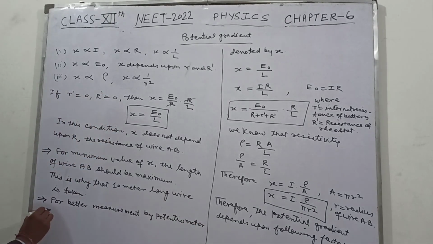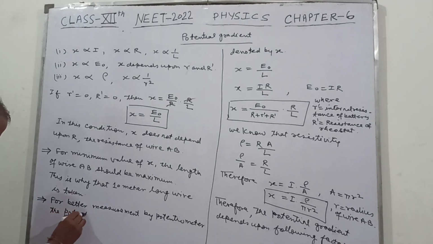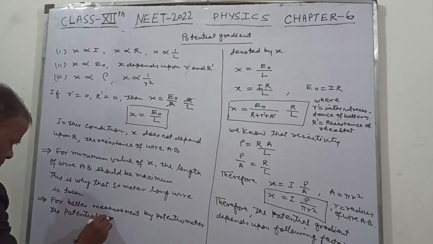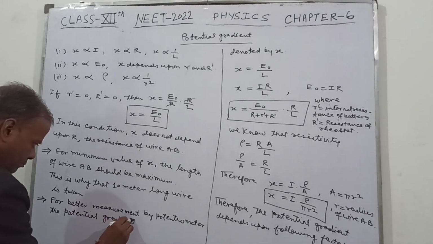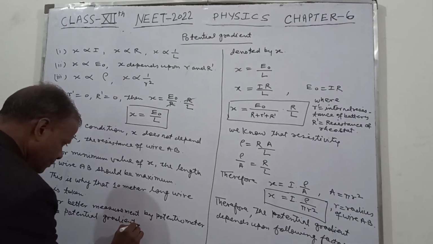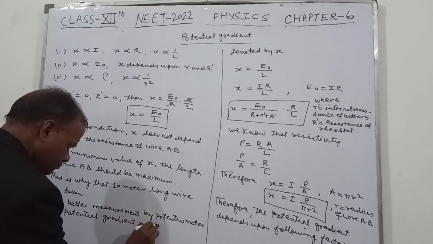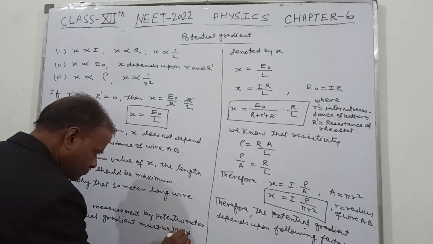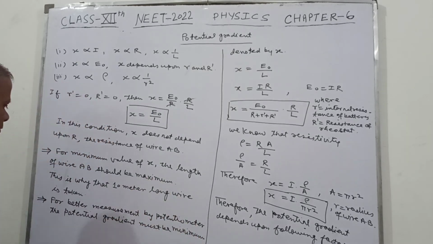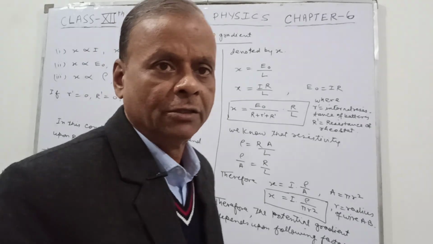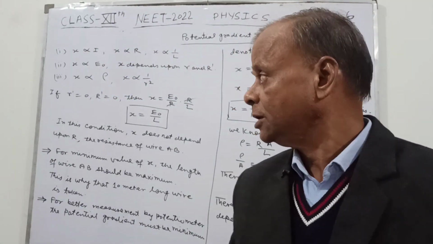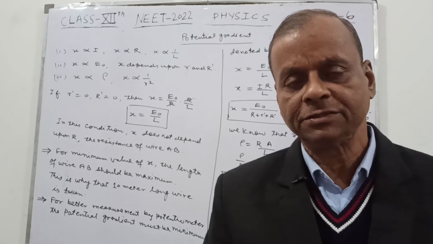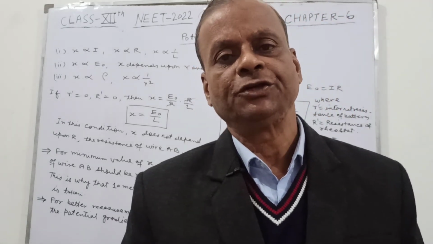This is why we take this. So this is about the potential gradient of the potentiometer. So thank you very much.